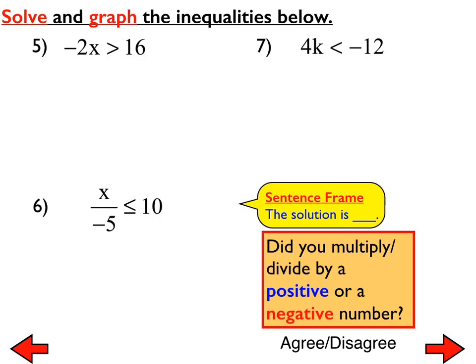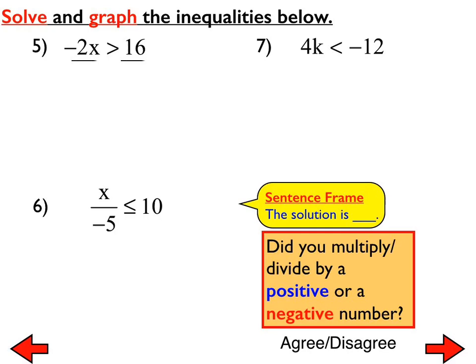But if you disagree, I want you to state it like this: I disagree because maybe you didn't flip the inequality symbol. Or I disagree because you were supposed to have a closed circle over the number instead of an open circle. Do all of you understand what I'm talking about? Just changing slightly what we're doing there.